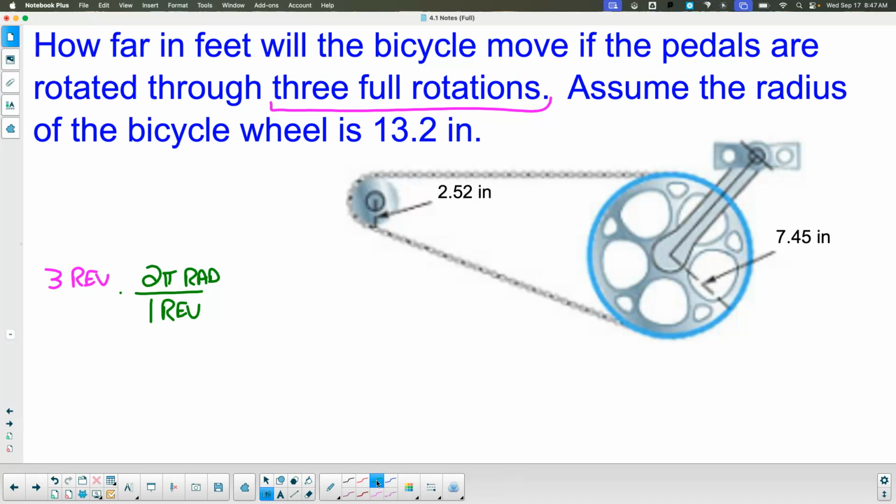I need to get out here to the edge of the tire, right? I'm here right now. How do I get there? Got to get to a linear speed of this chain, right? So right now we just went from rotations to radians, correct? Okay? Radians, then we can go to 7.45 inches.